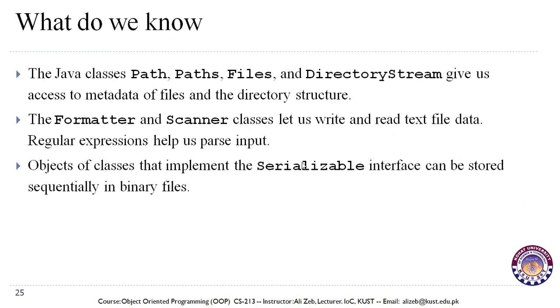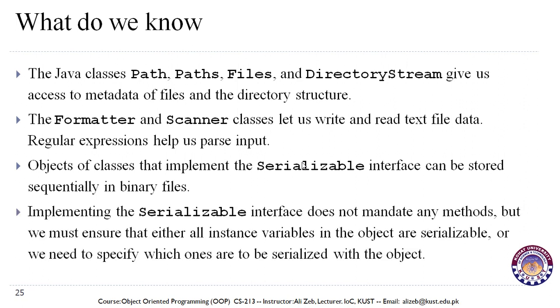Objects of classes that implement the Serializable interface can be stored sequentially in binary files. Implementing the Serializable interface does not mandate any methods, but we must ensure that either all instance variables in the object are serializable, or we need to specify which ones are to be serialized with the object.